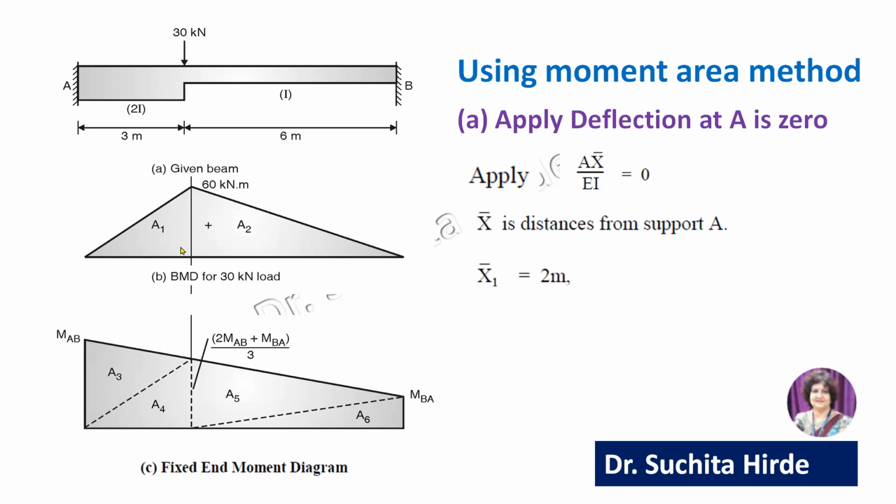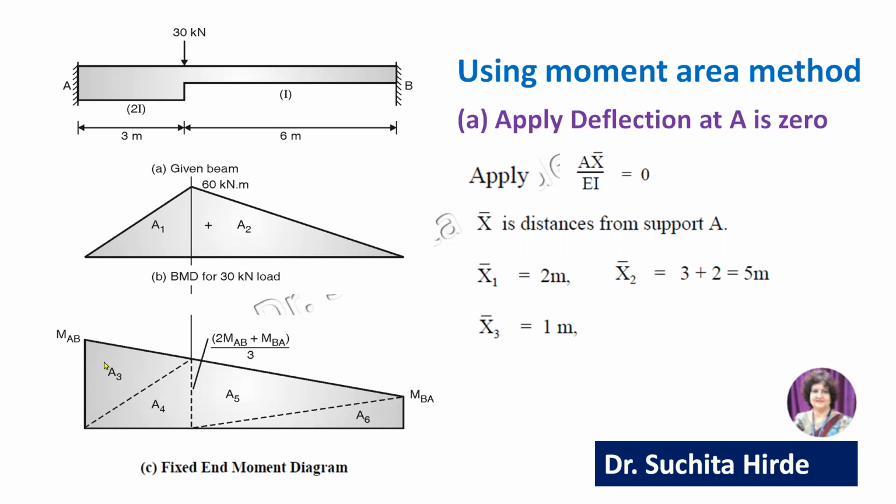So x1 is the distance of CG of A1 from A. You know that it is 2/3 of 3, which is equal to 2 meter. x2 is the CG of A2 from A, which is 3 meter plus 1/3 of 6, which is 2 meter, so 5 meter. So these are the CG for A1 and A2.